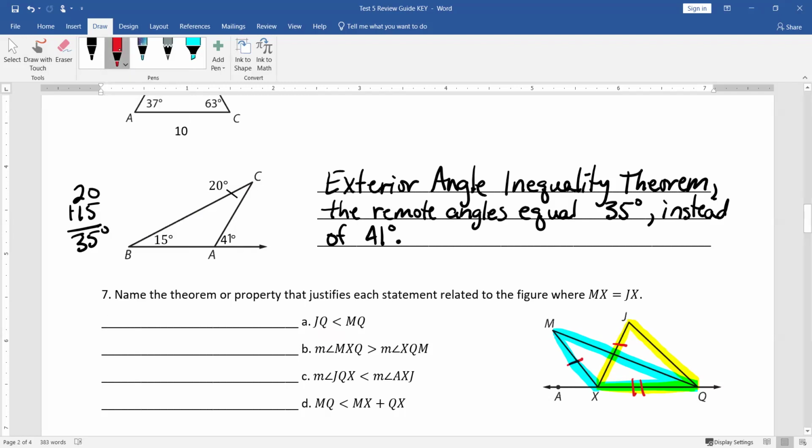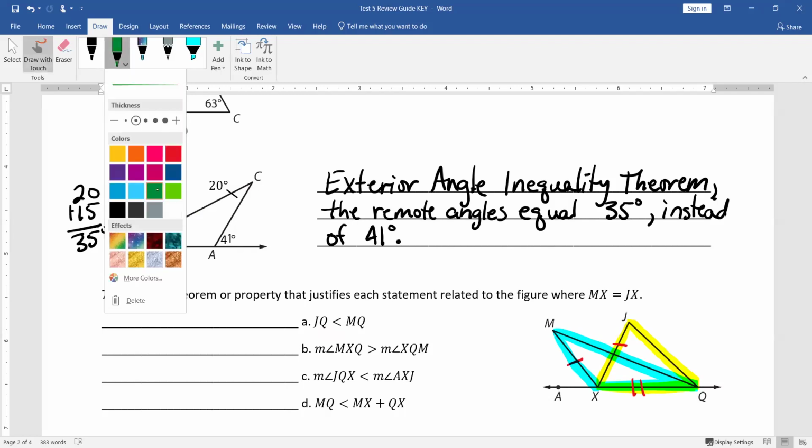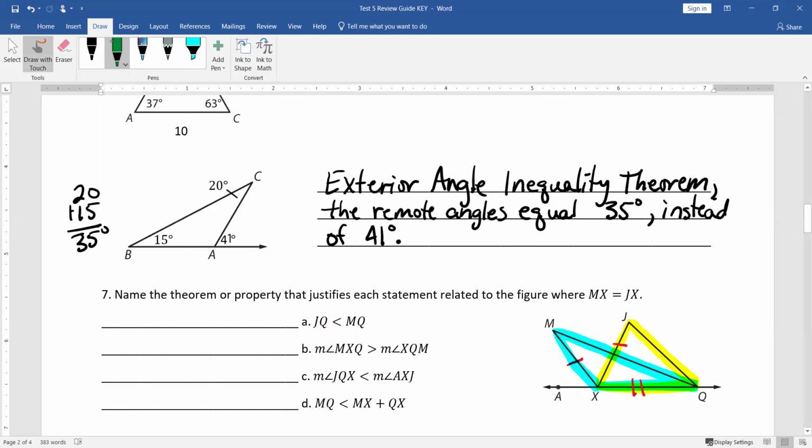So what we have to look at is the included angle in the aqua triangle, MXQ, which includes angle JXQ. This is the hinge theorem.